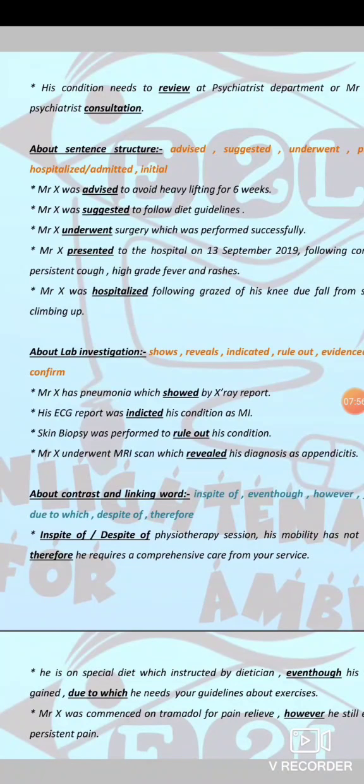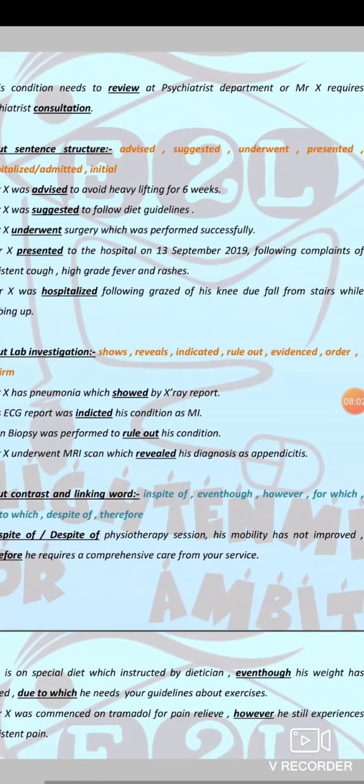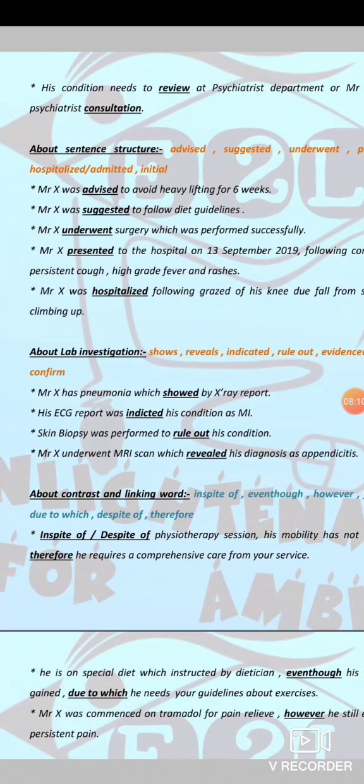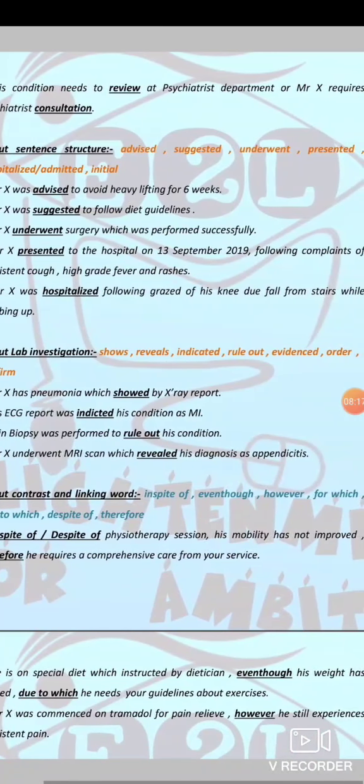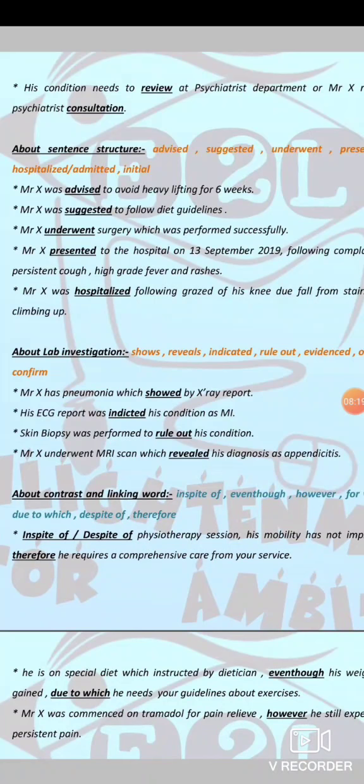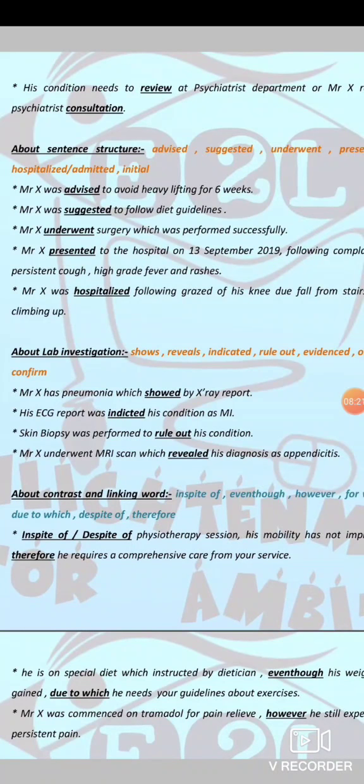So here we used even though and due to which. Now last we are going with however. He was commenced on tramadol for pain relief. However, he still experiences persistent pain. Here, if you want, you can connect: therefore he needs your urgent assessment for his betterment.